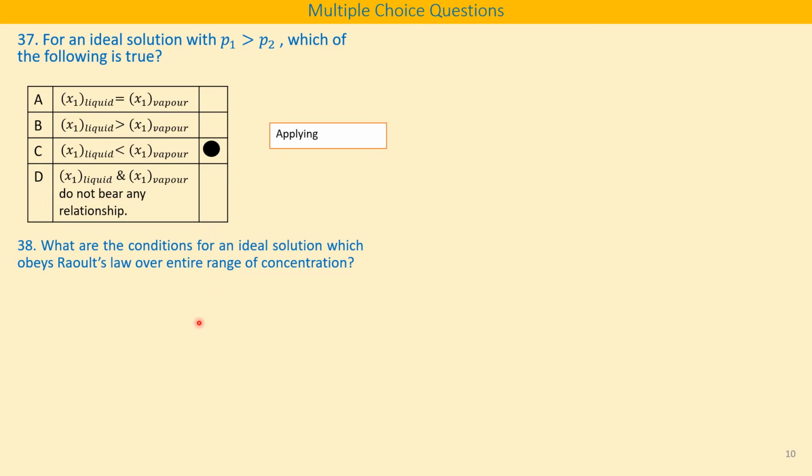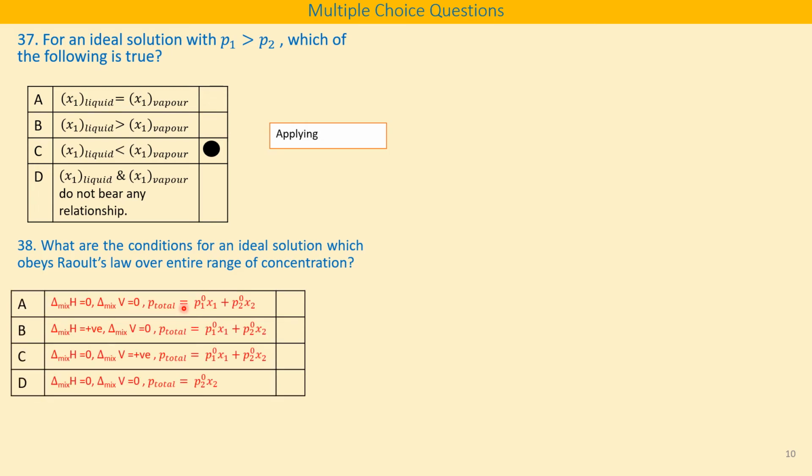Next, what are the conditions for an ideal solution which obeys Raoult's law over the entire range of concentration? Once again, four options are given. Option A, delta mix H equals 0, delta mix V equals 0, and P total is equal to P1 naught X1 plus P2 naught X2.